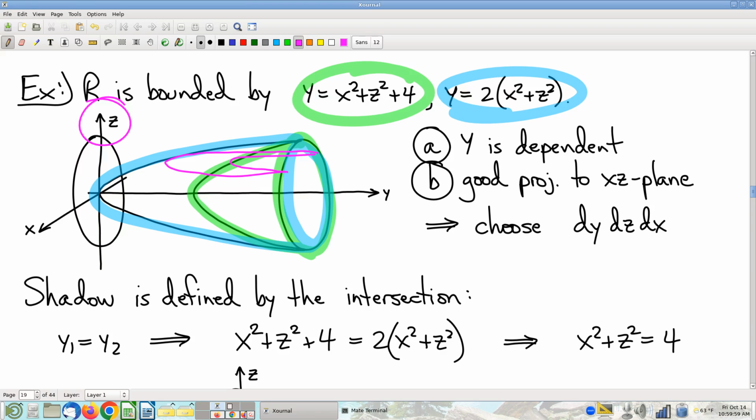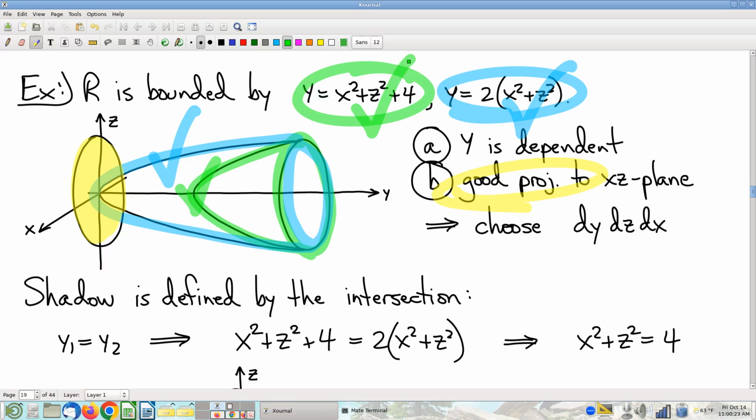But we take a projection point of view, right? If I look at the projection over here into the XZ plane, I have a good projection, nice shadow, it's just a disk, nothing weird. My lower bound surface is always that one. My upper bound surface is always that one.